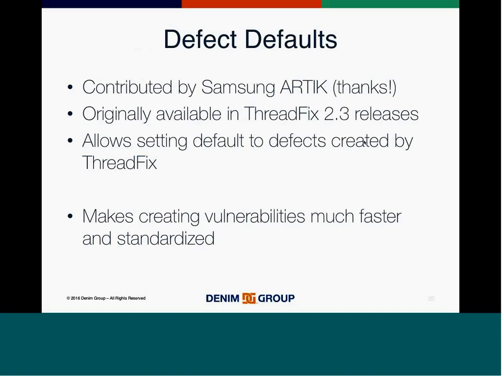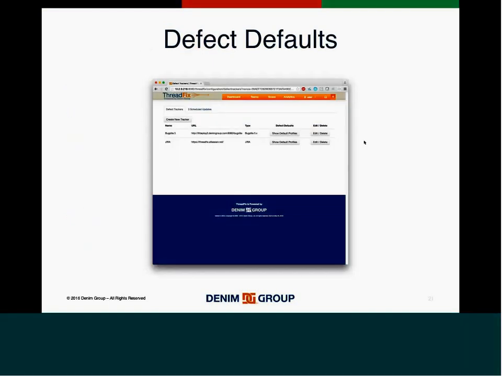It fills in the default text, fills in the appropriate values and sends it to Jira or Bugzilla, whatever system that you're using. And the real value of that is that it lets you standardize the way that all of these defects look, that your security analysts can create very quickly. That makes them easier for developers to understand when they get them.